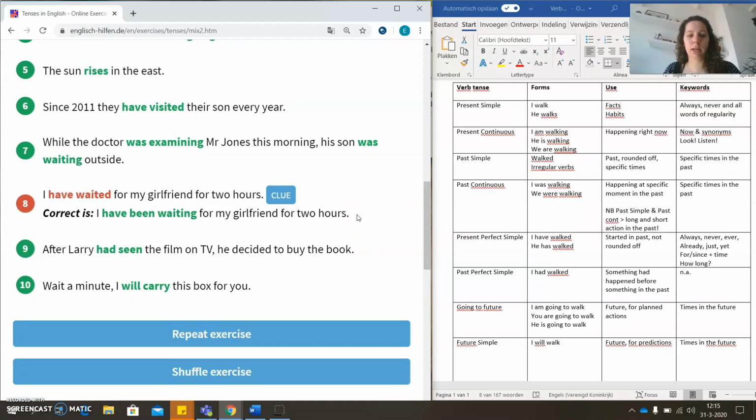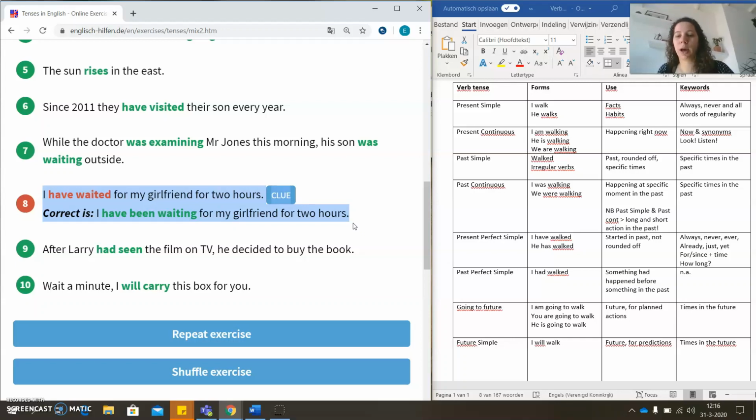There is this one thing in 8 here. You will find this on the net more often if you practice the mixed tenses on the net. There is also something called the present perfect continuous, but we don't really deal with it until year 4 usually. And it is, if you have been doing something for a very long time, then we use the present perfect continuous form, have been waiting.